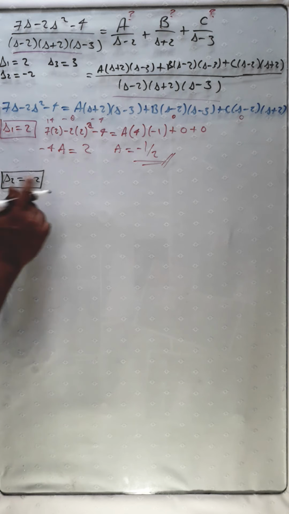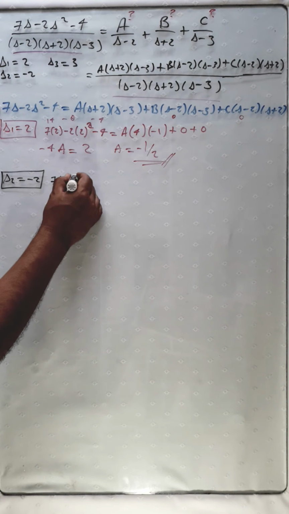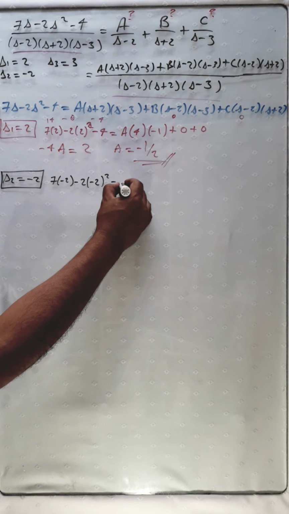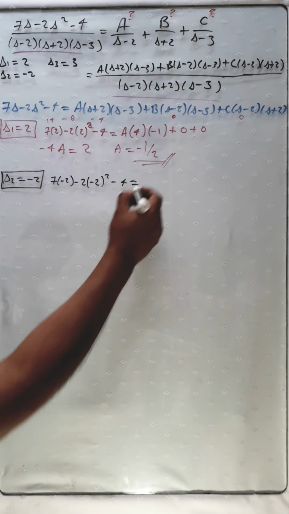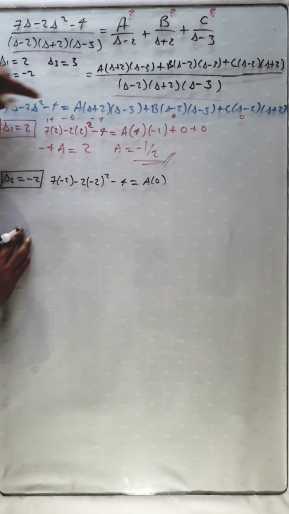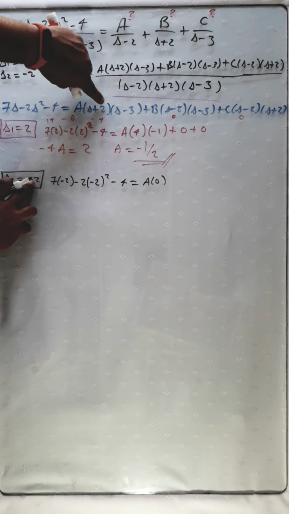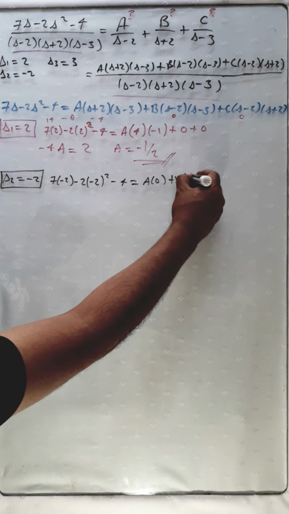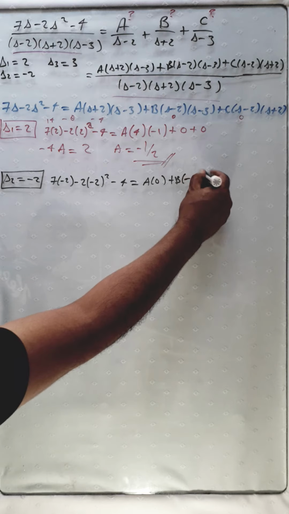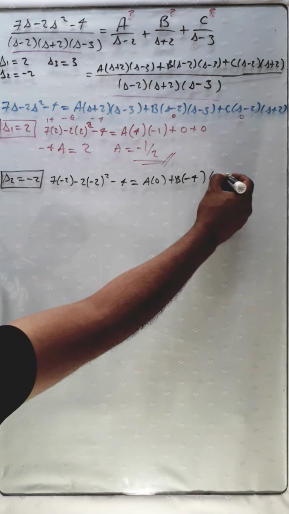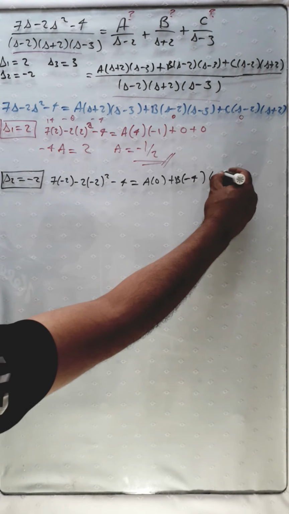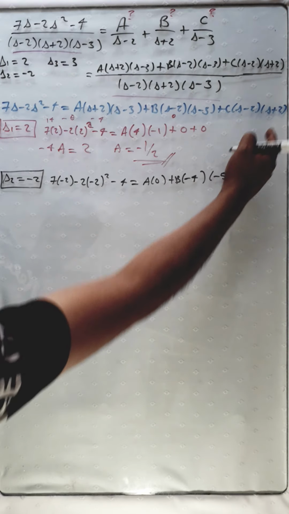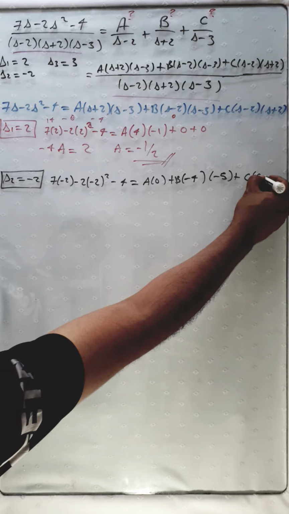Then you replace here 7 times minus 2, minus 2 times minus 2 squared, and then minus 4, equal to A times 0, because minus 2 plus 2 becomes 0, plus B times minus 2 minus 2, which is minus 4 here, and then minus 2 minus 3, which is minus 5 here, plus the value of C. So here it is going to be 0, minus 2 plus 2, 0.